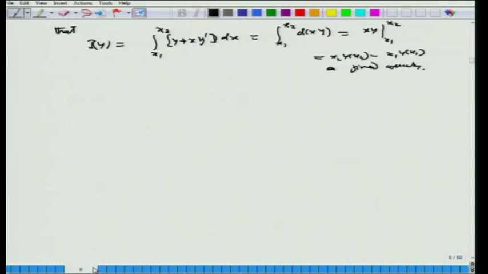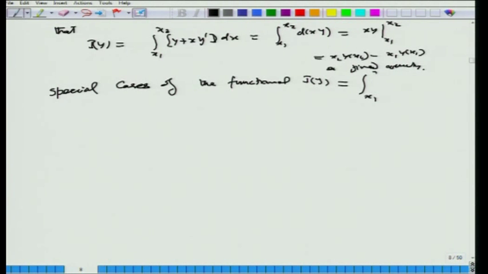Now, we consider here special cases of the functional I(y), which is actually equal to the integral from x1 to x2 of f(x, y, y prime) dx.